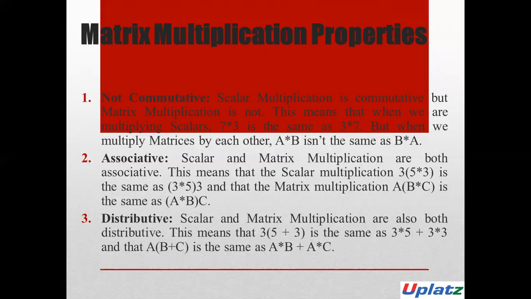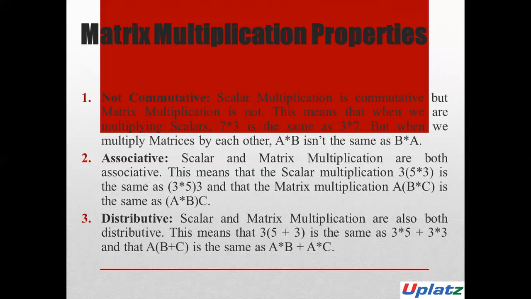Then it is associative. Scalar and matrix multiplication are both associative. This means that for scalar multiplication, 3 multiplied by, in the bracket, 5 multiplied by 3 is the same as, in the bracket, 3 multiplied by 5, multiplied by 3.